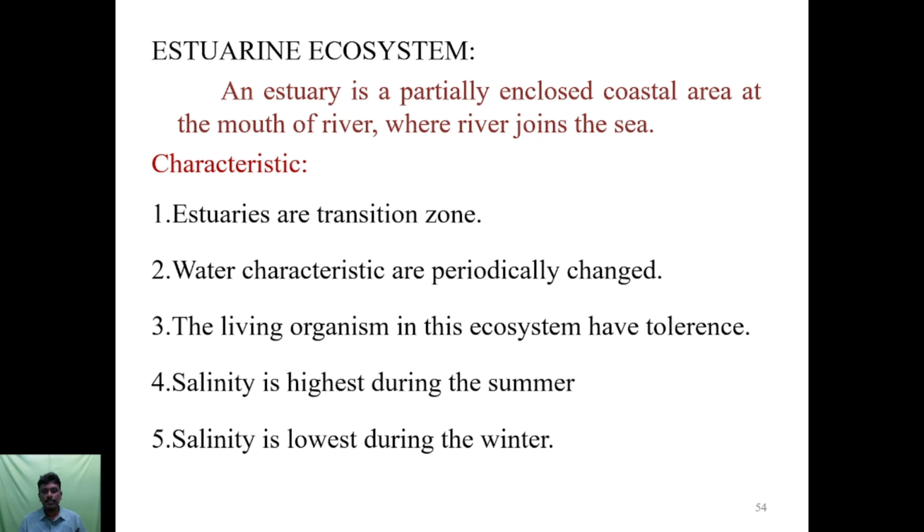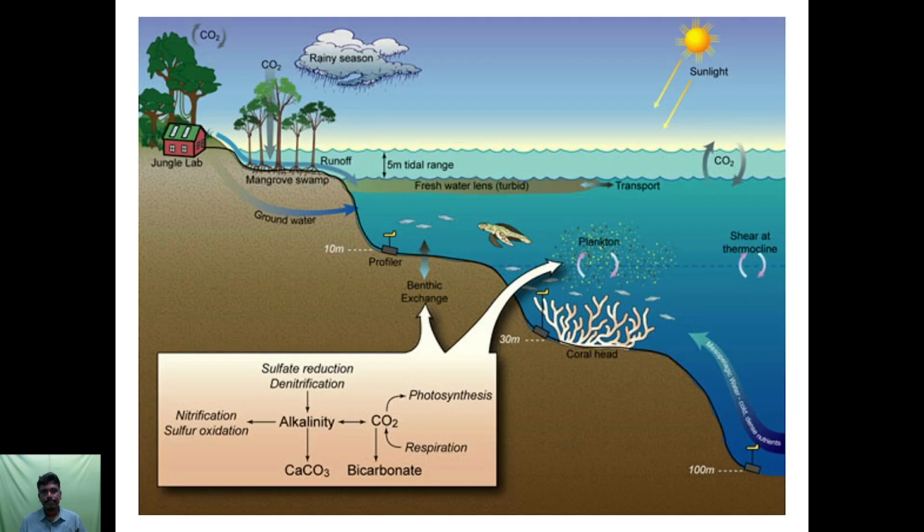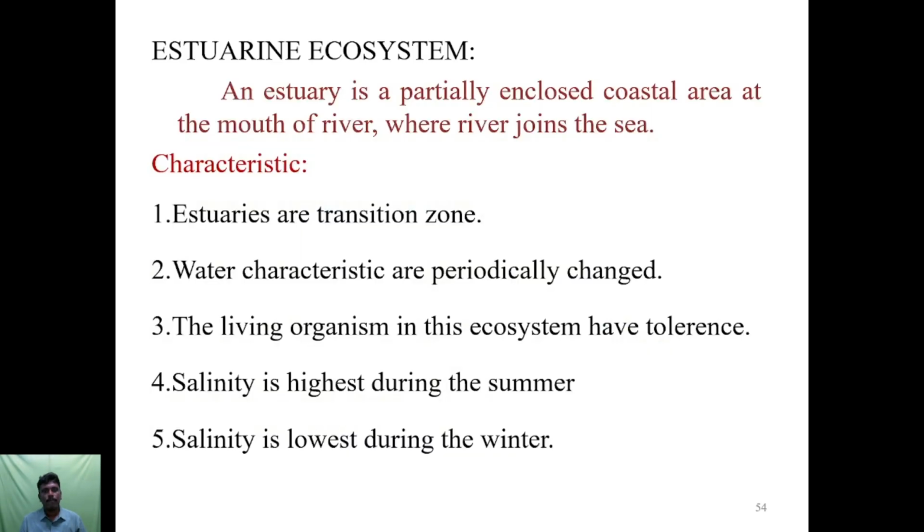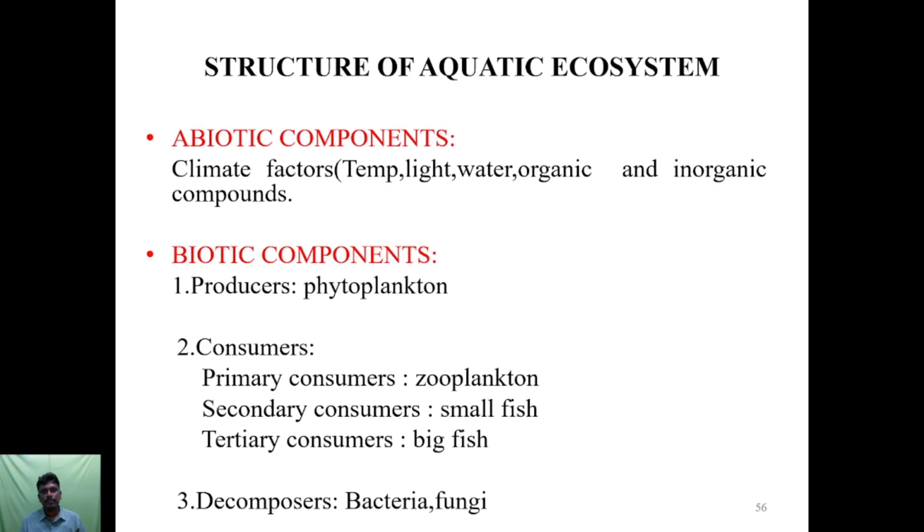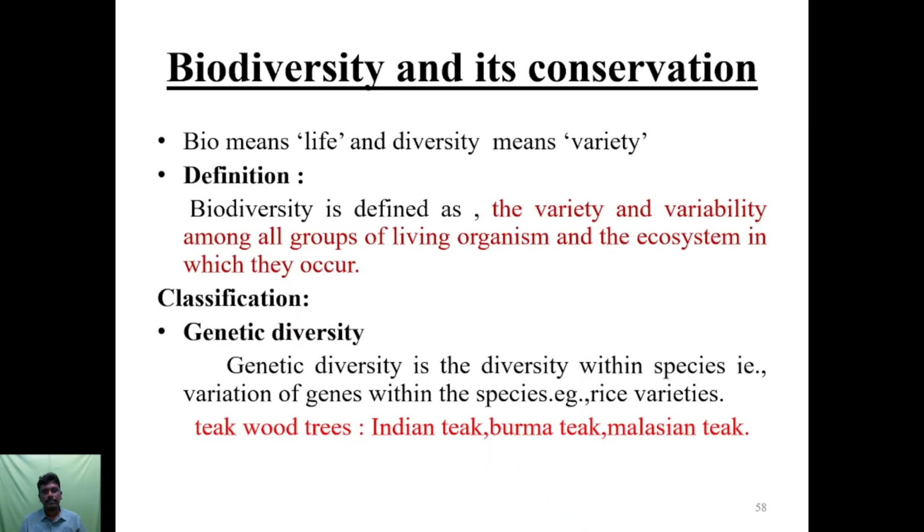Salinity is highest during the summer. It is lowest during the winter. So this figure shows the estuarine ecosystem. Then structure of aquatic ecosystem. Already we have discussed.